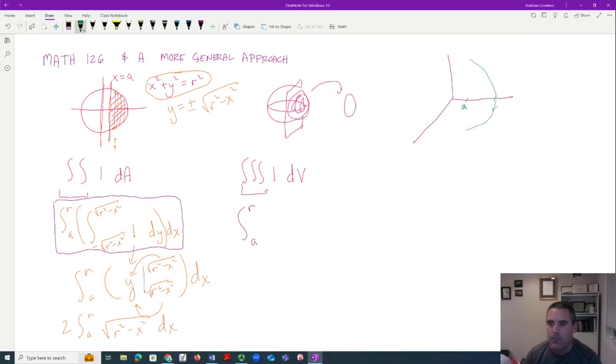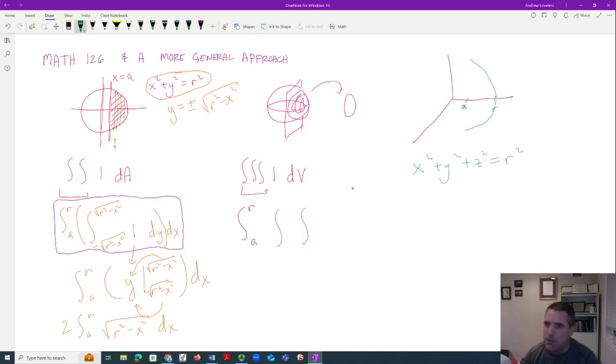Okay. And here's how we describe it. So you're always between the upper hemisphere and the lower hemisphere. When I teach Math 126, this is actually beyond Math 126, but we talk about the sphere, and the equation of the sphere is x squared plus y squared plus z squared is r squared.